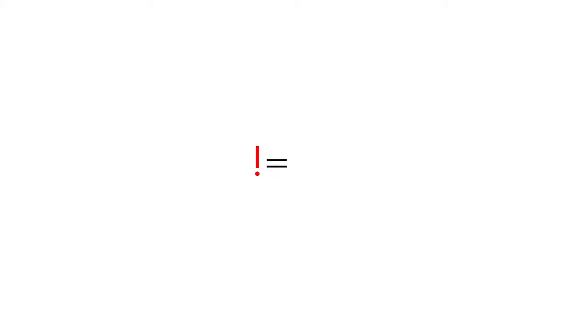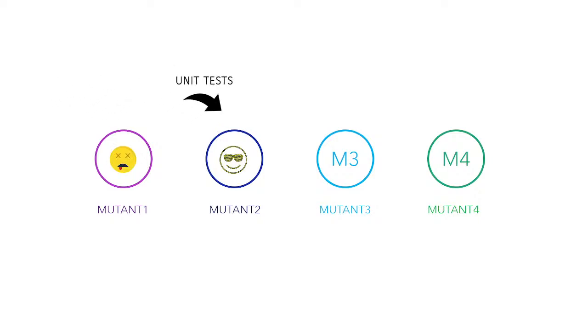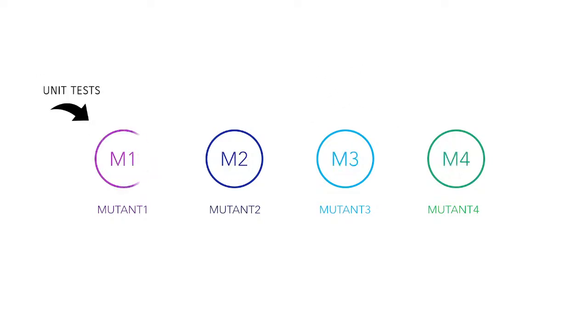Okay, and after these little changes, what happens next? Well, it runs your unit tests against these modified versions. If your test fails with this mutated version, then the mutant is considered as killed.